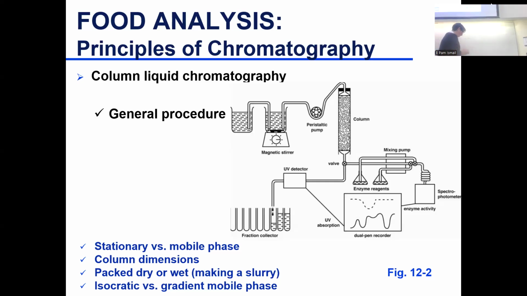So what you start off with is 99% water, DDW, this double distilled water, and then 1% acetonitrile. That is the composition of your mobile phase.